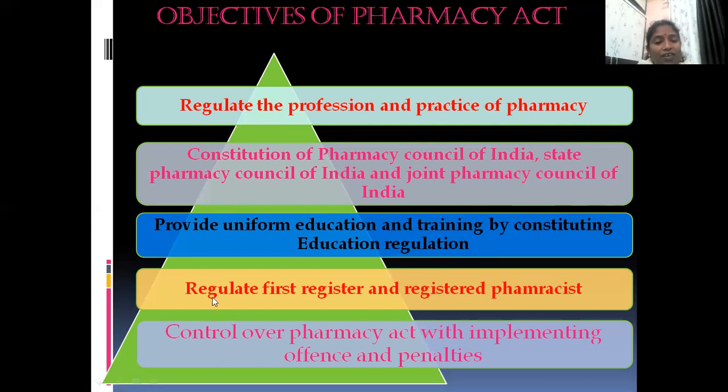Next is to regulate the first register. How do we maintain this first register? A register is a book in which we enter the names of those who have qualified from the pharmacy course. Their names will be included in the first register.